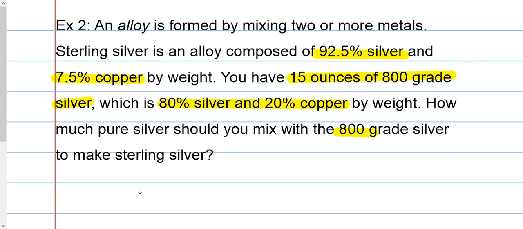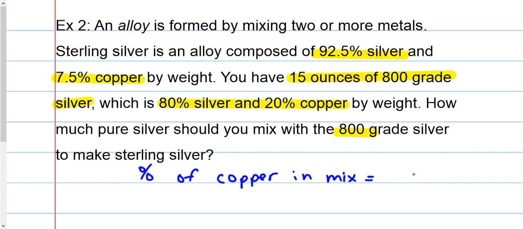So let's start off with the percent, because we need to know how much pure silver we should mix. So let's start off with the percent of copper in the mix.